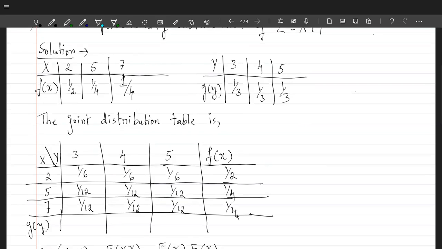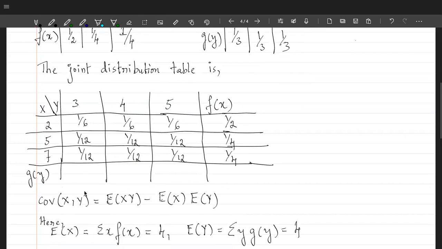Now let's add the entries over here, or let's calculate the column sum. 1 by 12 plus 1 by 12, that is equal to 2 by 12. 2 by 12 is 1 by 6. 1 by 6 plus 1 by 6 will be equal to 2 by 6, or it is 1 by 3.